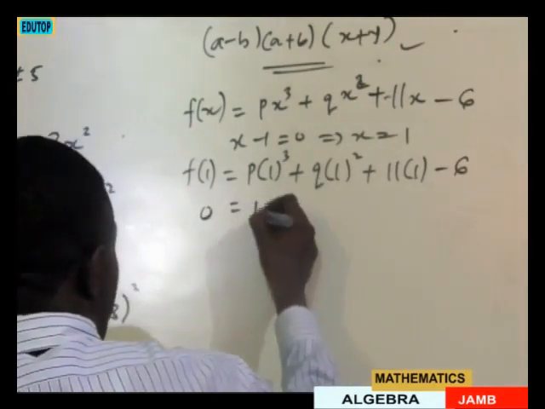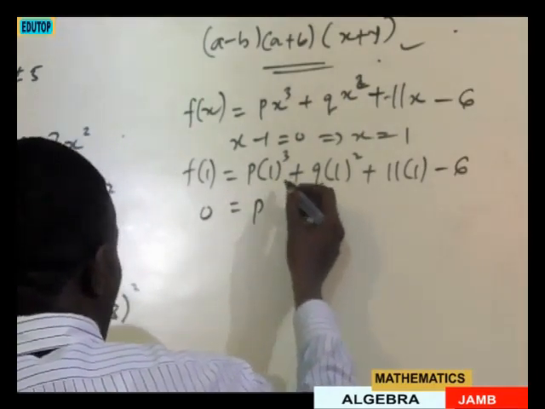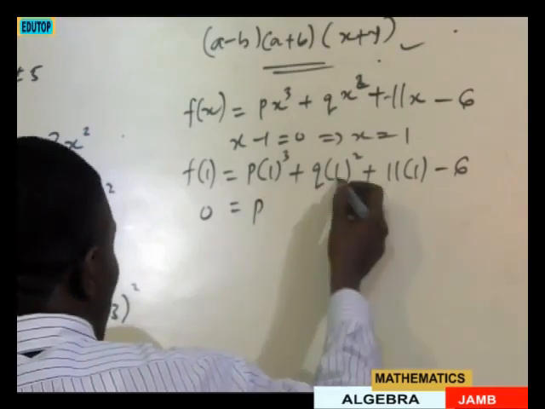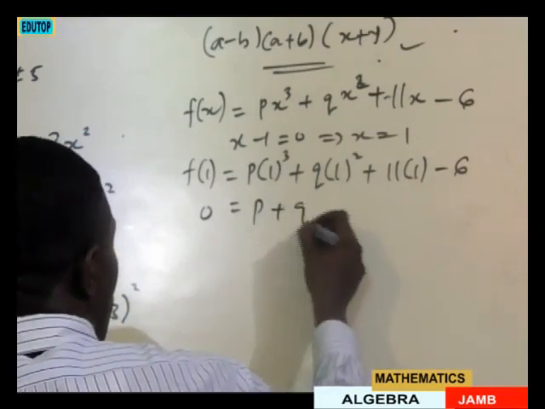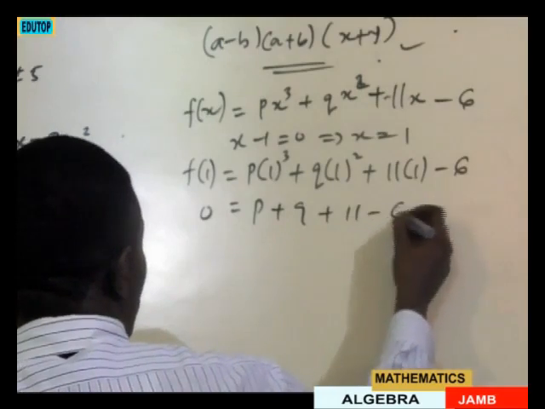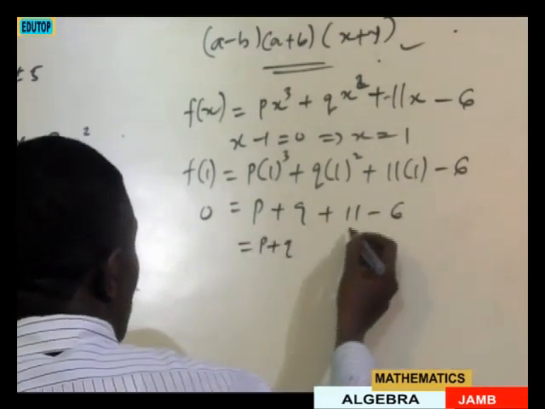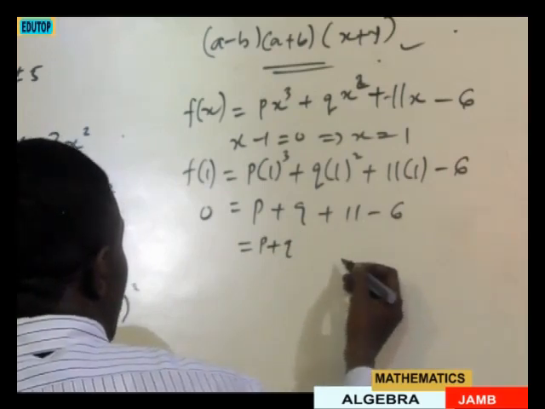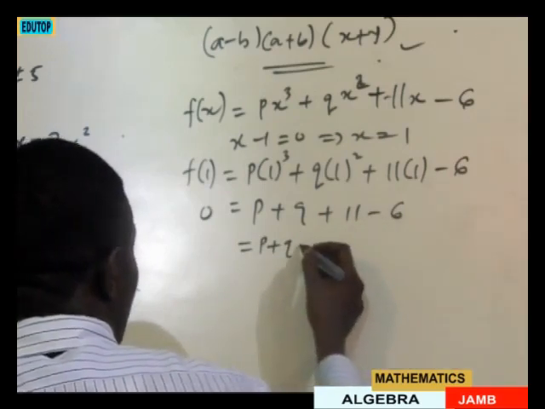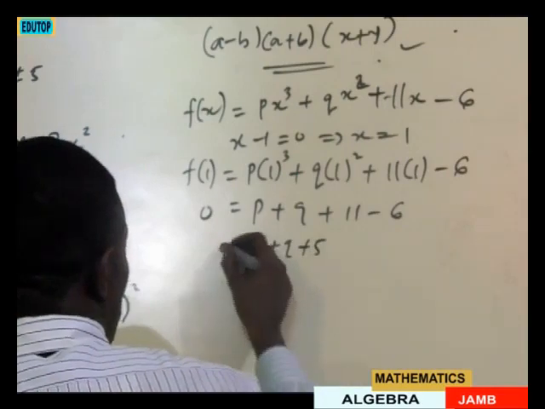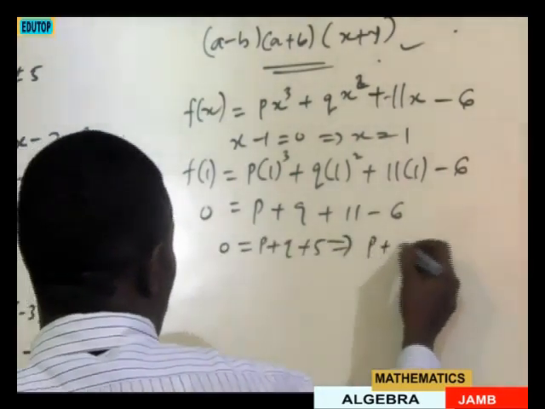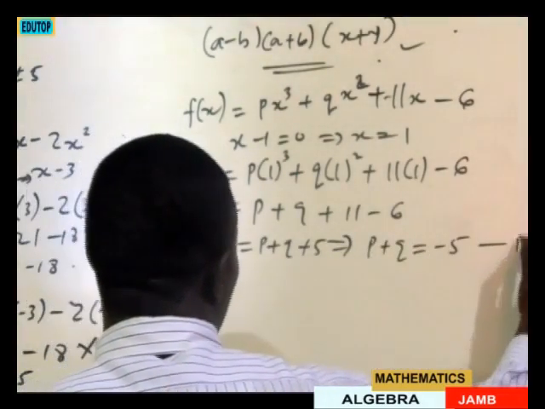So it will be p, because 1 times 1 times 1 is 1, plus q, plus 11 minus 6. So at the end of the day, I will have p plus q, and 11 minus 6 is plus 5, equals to 0, which implies that p plus q equals to minus 5. I can call this equation 1.